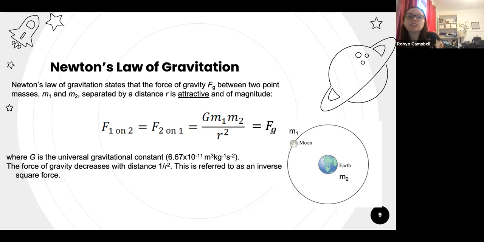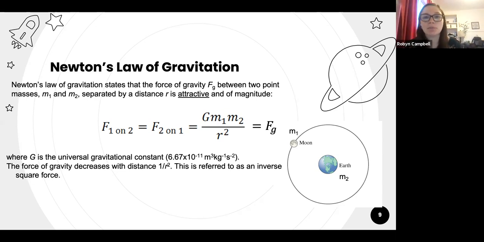In general, we can use this equation. Capital G is the universal gravitational constant. Universal gravitational means that you can use it anywhere: on Earth's surface, on the sun, on any distant planet, galaxy, in deep space, whatever, G is still going to be the same.